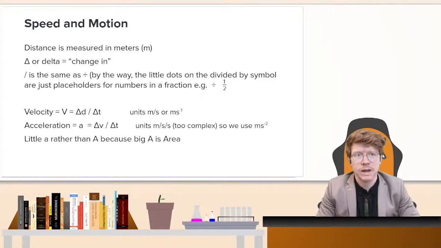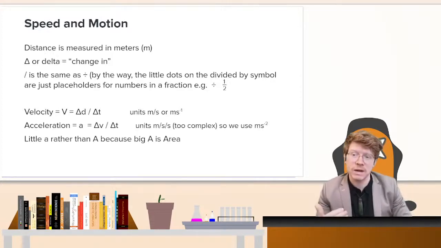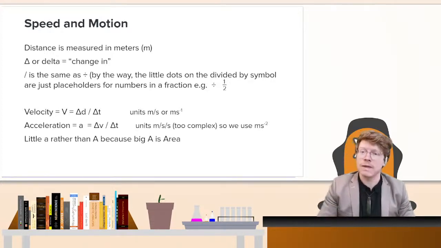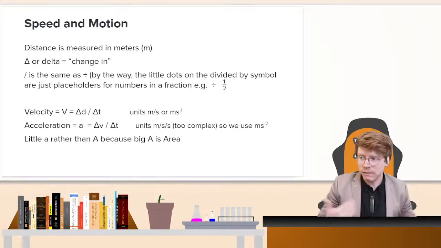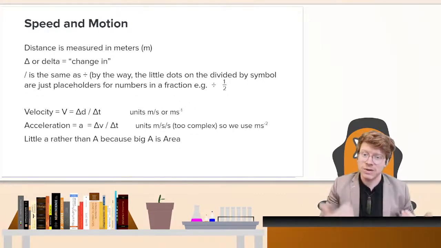So for example, you'll see in that formula down there, change in distance, right, delta D. That's trying to make sure that you remember that it's not just 100 meters, it's the distance has changed. It started at 0 and gone to 100. That helps you to avoid making those mistakes where the person was already at 100 meters away from the origin, and then they moved to 200 meters. The difference there is 100. Right? The change in their distance is what we care about, right?